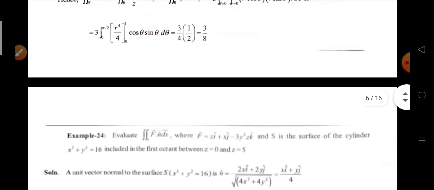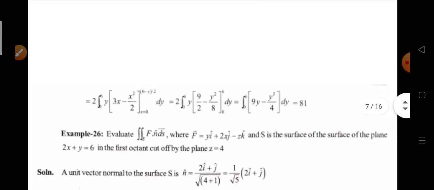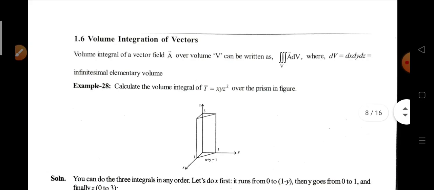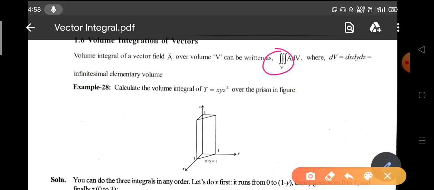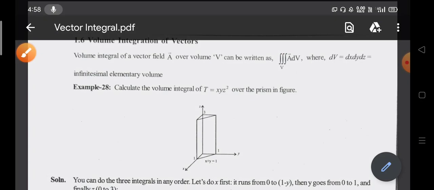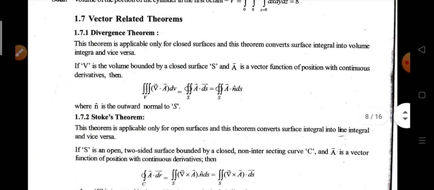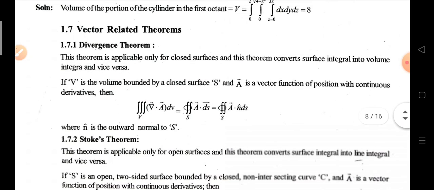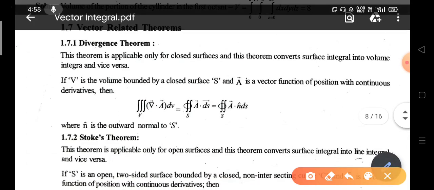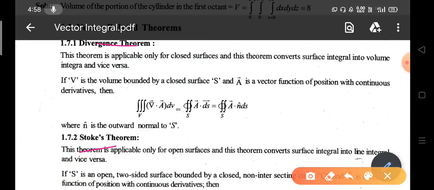And what will be the volume integration? The representation of volume integration is the integral over V, the volume integral of A dot dV, where dV is dx into dy into dz, the infinitesimal elementary volume of the system. First we should know some theorems that are very much important. First one is the divergence theorem, second one is the Stokes theorem.